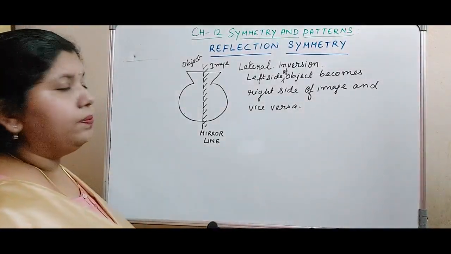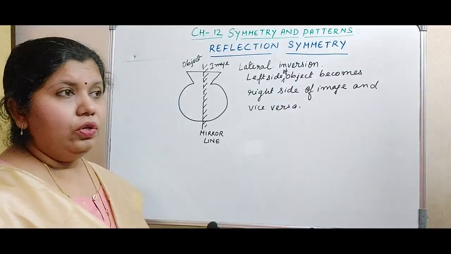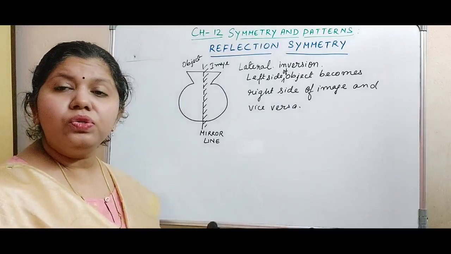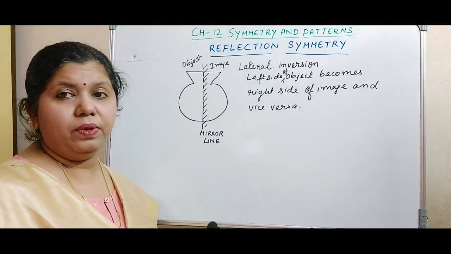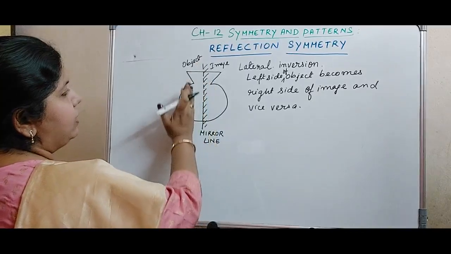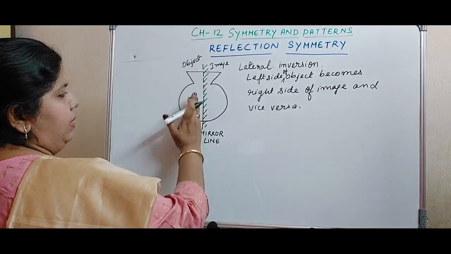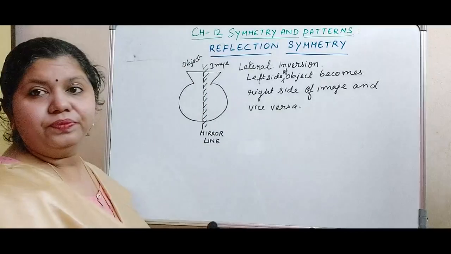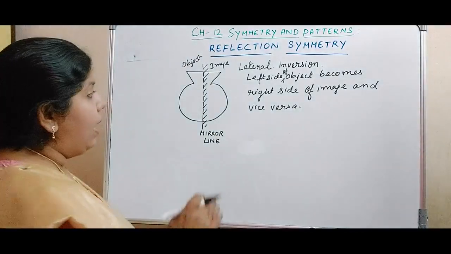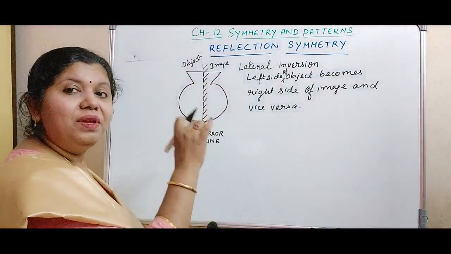Sometimes you will also get an identical shape. In this case, you see, because you have just kept the mirror on the line of symmetry, the other half of the image is formed on the mirror itself.